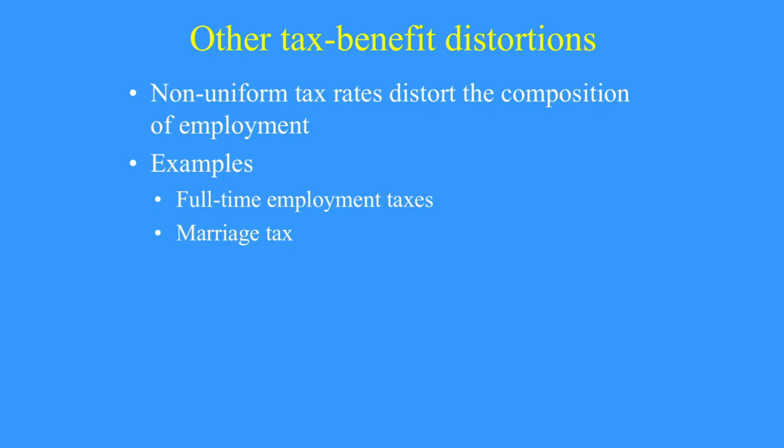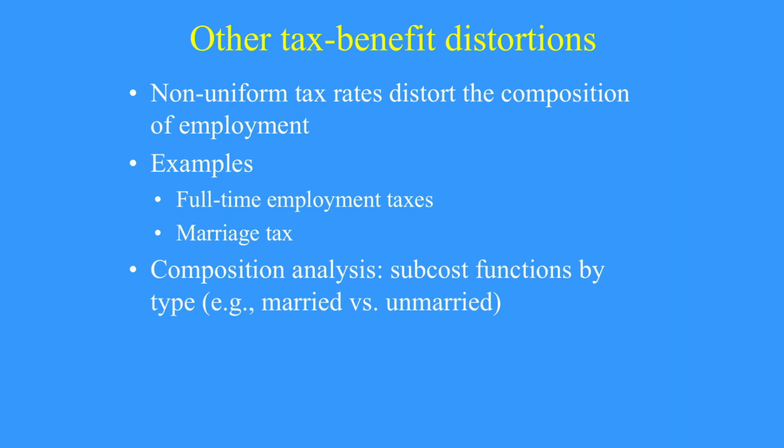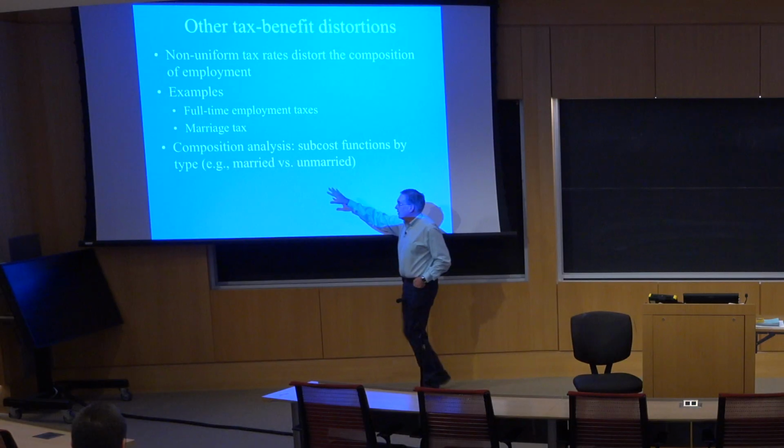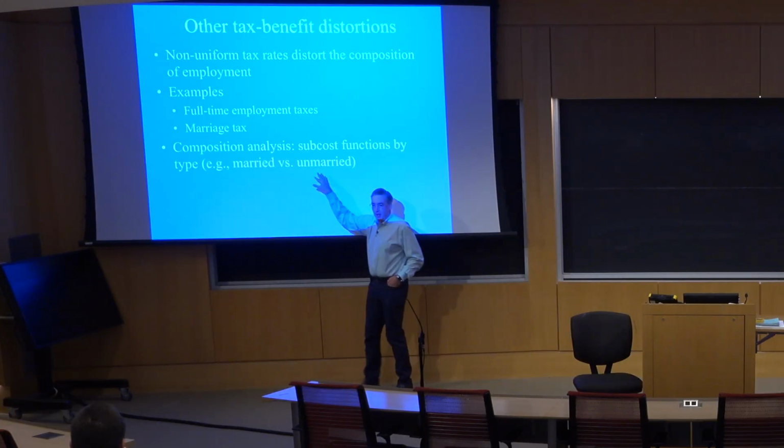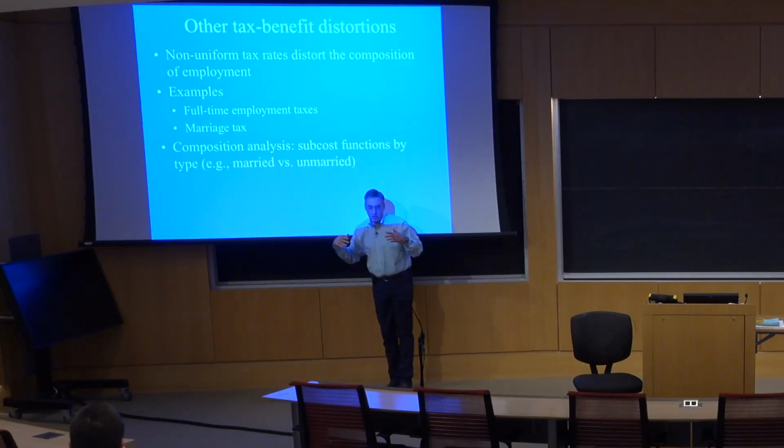Another great topic is the marriage tax, that these programs, both on the tax and benefit side, vary by marital status. And that affects the incentive to be married. You could study that. And the idea, and we've seen this, I think, on a problem set or two, is to build up sub-cost functions. Say, okay, the employer is going to minimize its costs of achieving labor from married people, minimize its cost of achieving labor from unmarried people, and then maybe minimize the balance between the two.